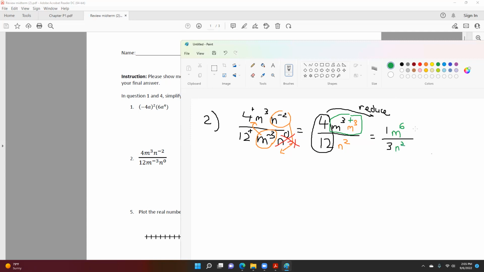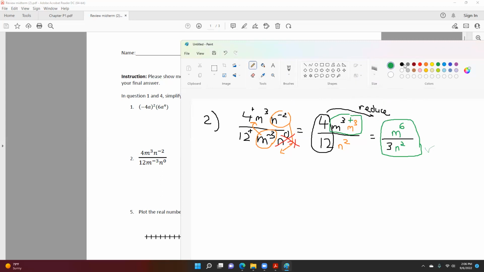Right. So this is your answer for question 2. Again, if you want the 1, it's up to you. You want to put it there, you don't want to put it there, it doesn't matter with me.